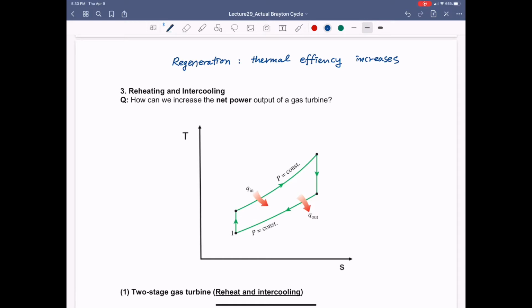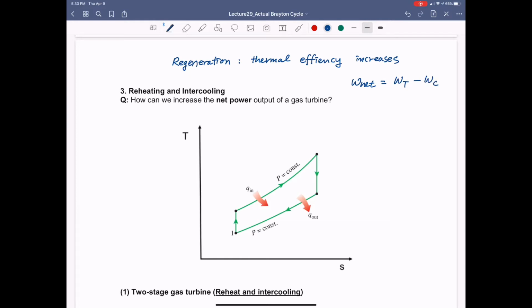So another thing that we have to think about is: is there any possible way to increase the net power output? Again, if you think about the net work of the gas turbine, that is the difference between the turbine work minus the compressor work.